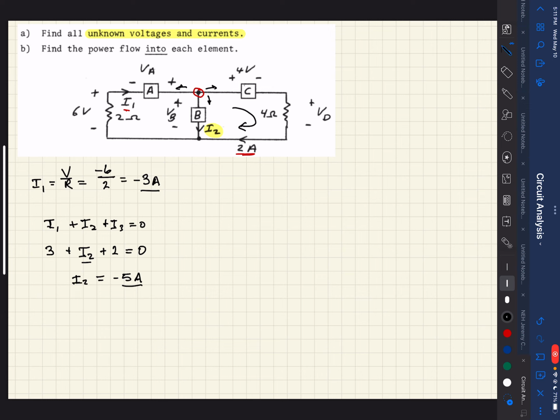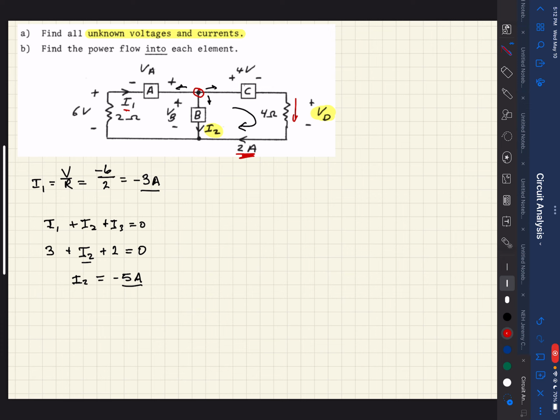Okay, so what else do we not know? Another unknown we have is this V sub D. We don't know what that is. However, we do know that we have 2 amps, because it's given to us here, flowing in that direction. So that's in the positive direction.